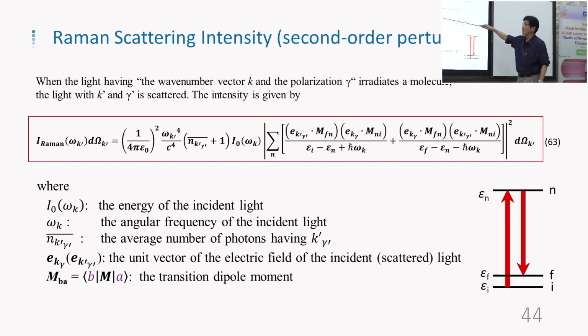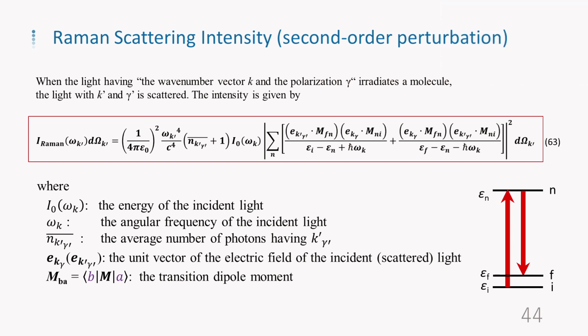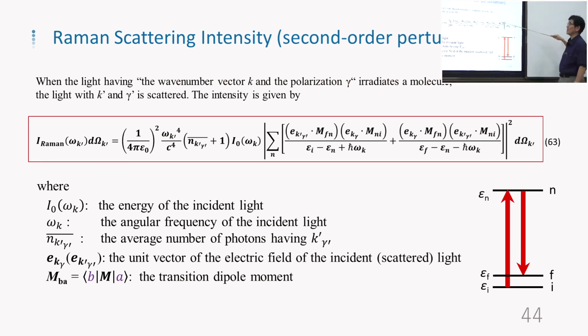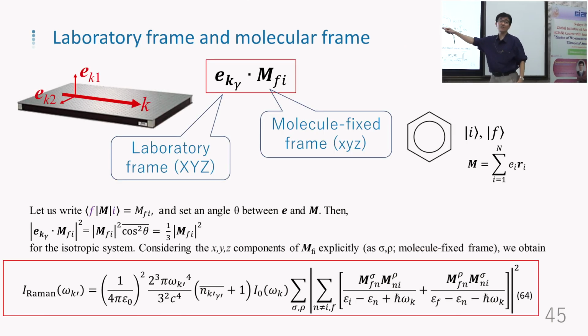So I derived this equation and I explained it includes the inner product of the vector E and M, E and M, E and M. But we should know E and M are defined in different frameworks.